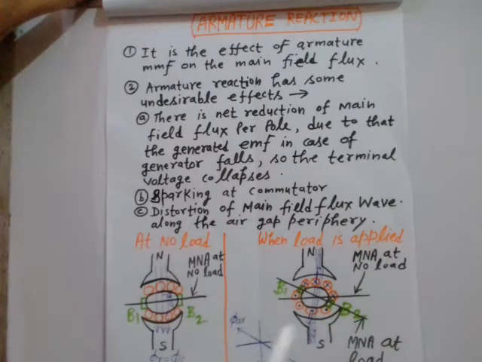So now there are two fluxes in the machine. One is the main field flux due to the main field poles north and south, and the second is the armature flux, which is produced due to the application of the load.